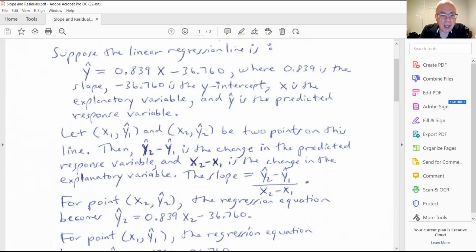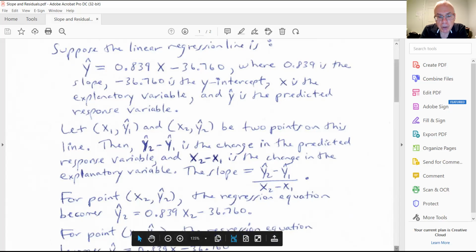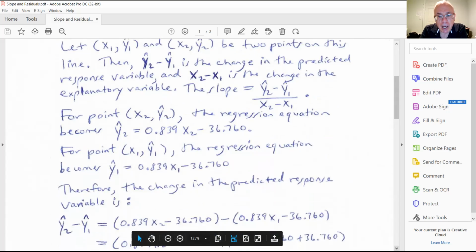Similarly, we can subtract x2 and x1, which would be the difference in the x values of these 2 points, all right? And that would be the change in the explanatory variable. Now, the slope in general is rise over run. This is the change in y divided by the change in x. Okay. But I'm going to go through a different route here just to show you how we come up with an interpretation.